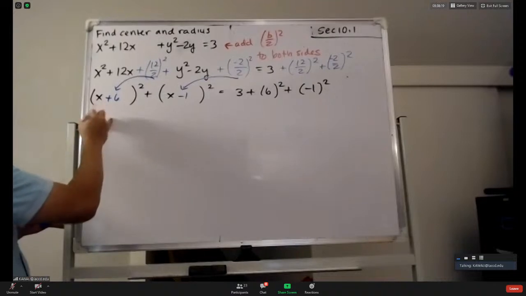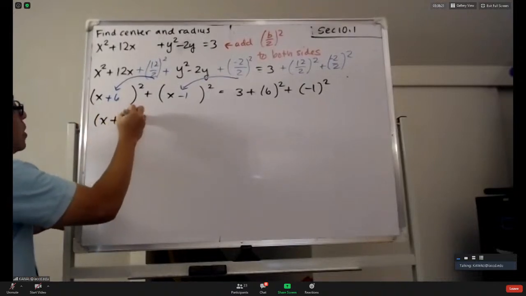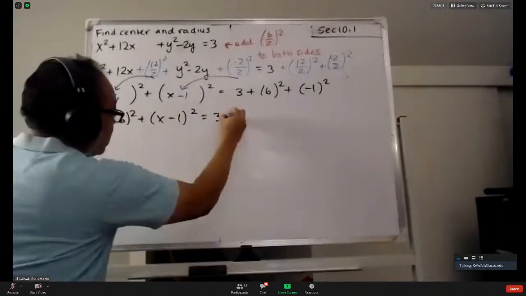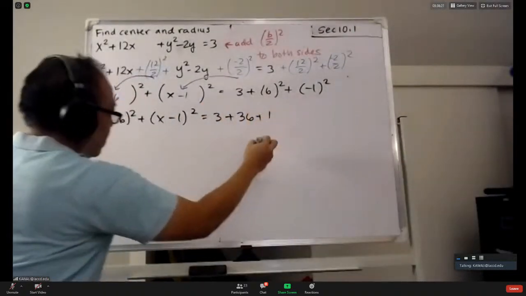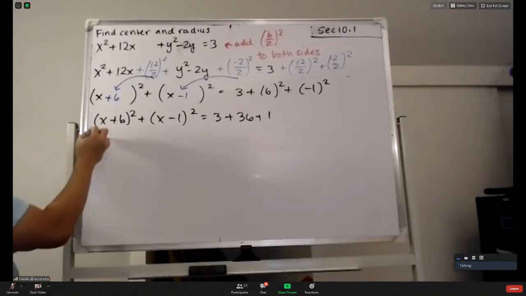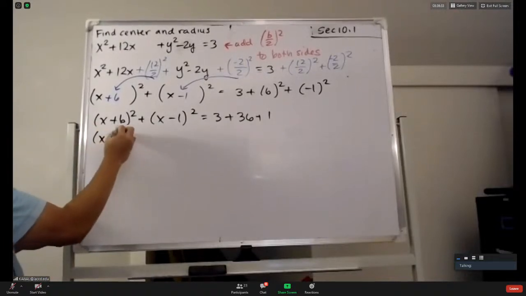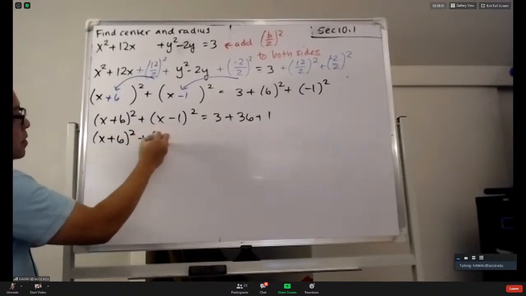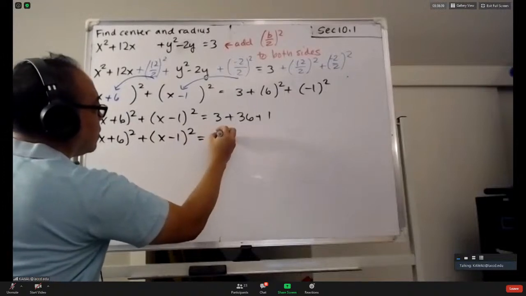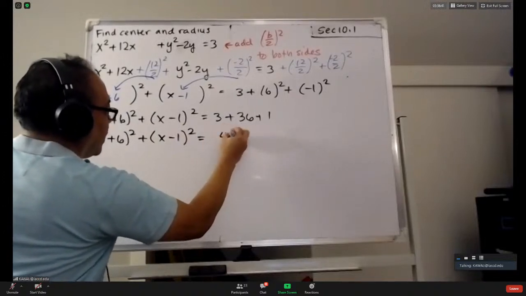So then I'll get x plus 6 squared plus x minus 1 squared is equal to 3 plus 36 plus 1. Then I'll get x plus 6 squared plus x minus 1 squared is equal to 40.